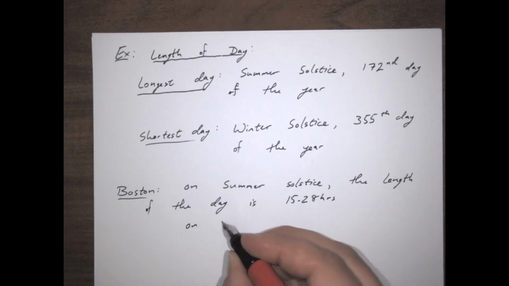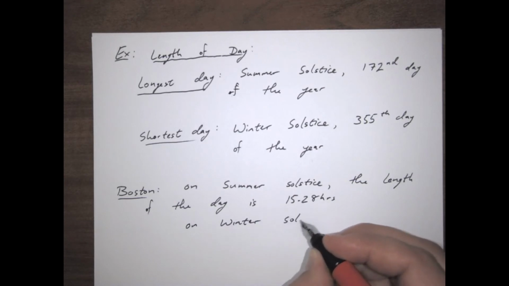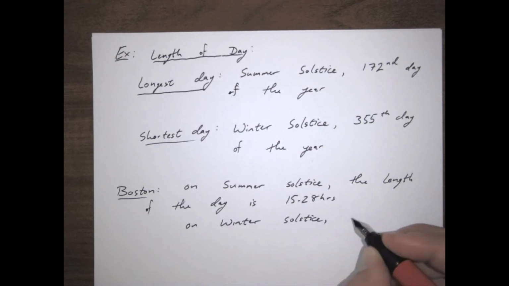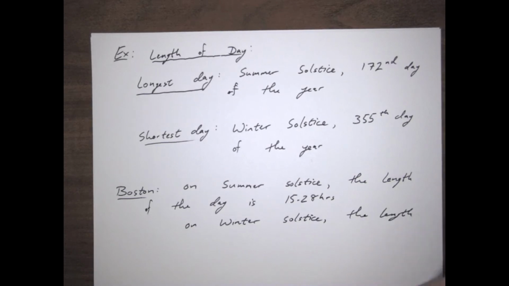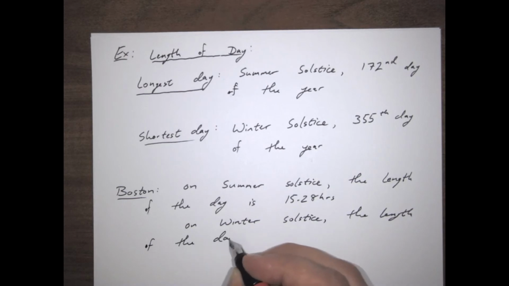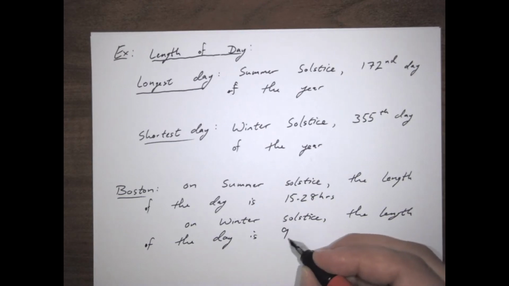On the winter solstice, the length of the day is, what's it say here, 9.07 hours.